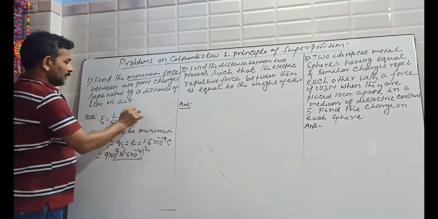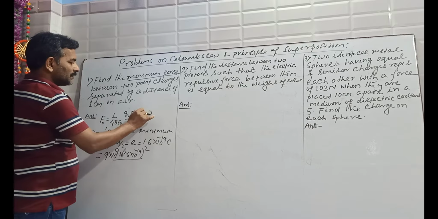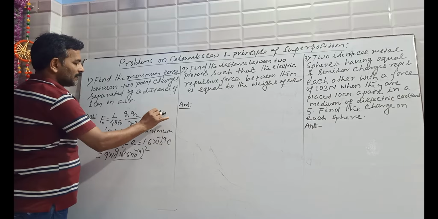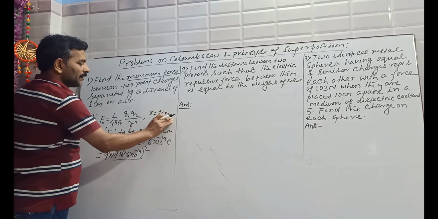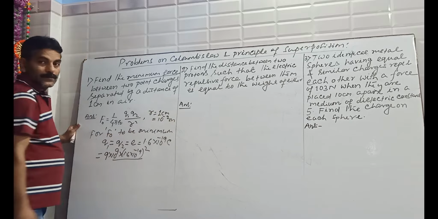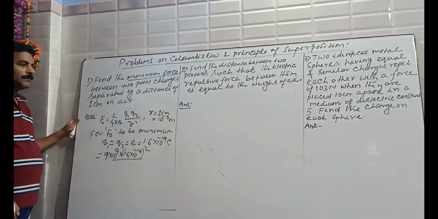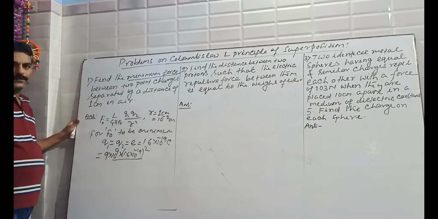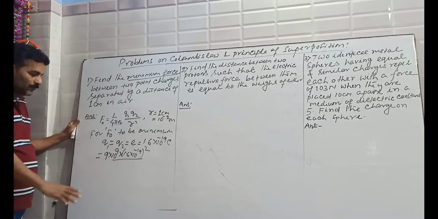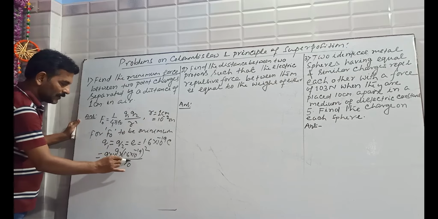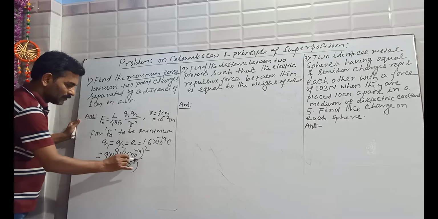R is given as how much? R is 1 centimeter. That means 10 to the power minus 2 meter. We have to use the quantity in SI system. So 1 centimeter is 10 to the power minus 2 meter. So you see, 10 to the power minus 2 whole square.